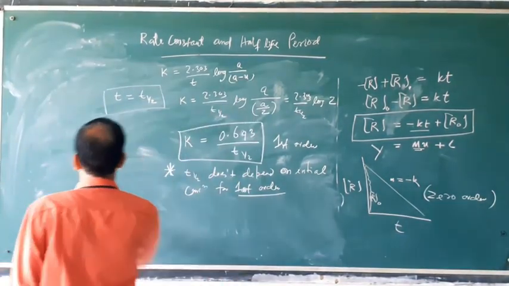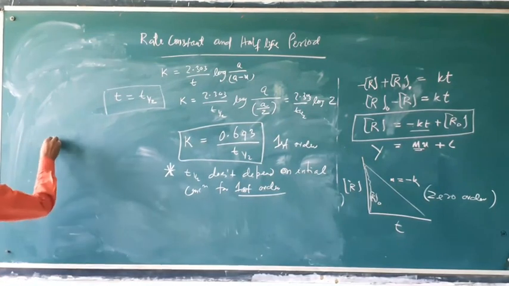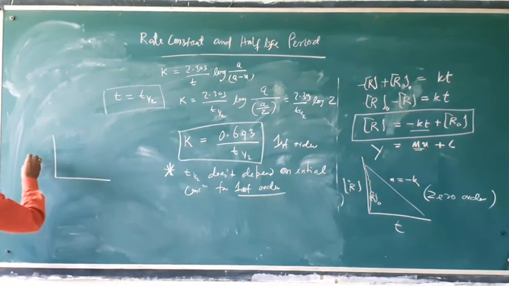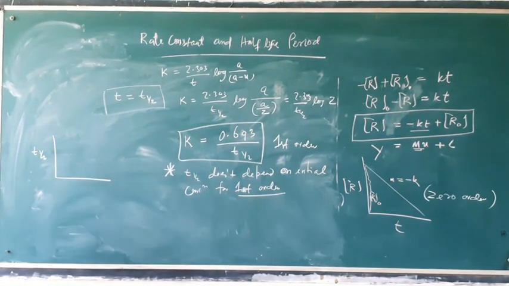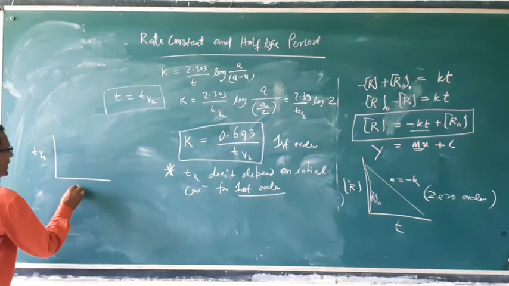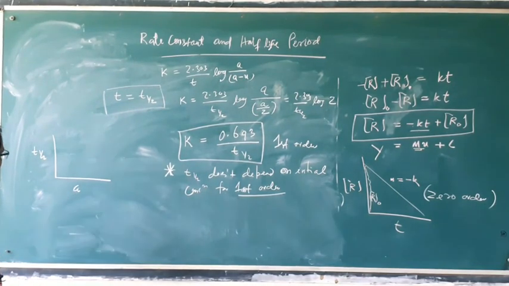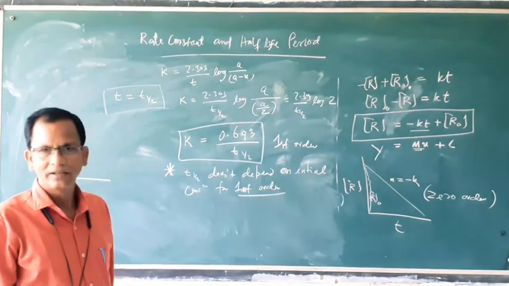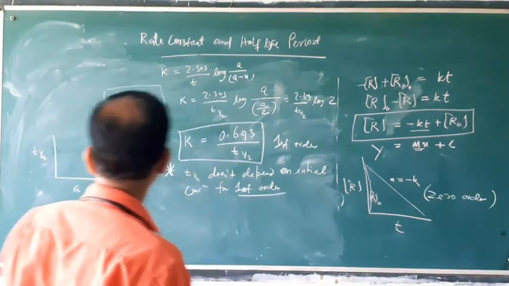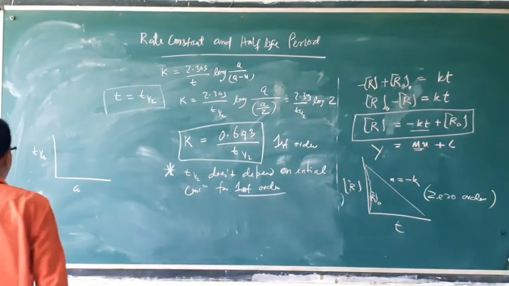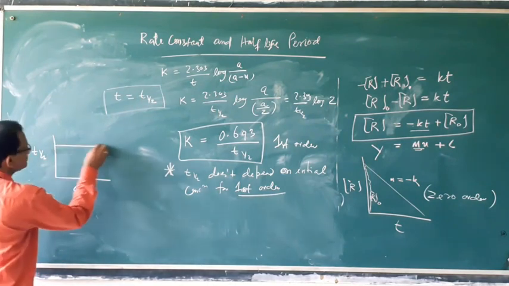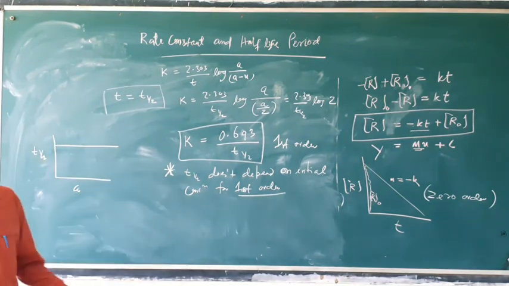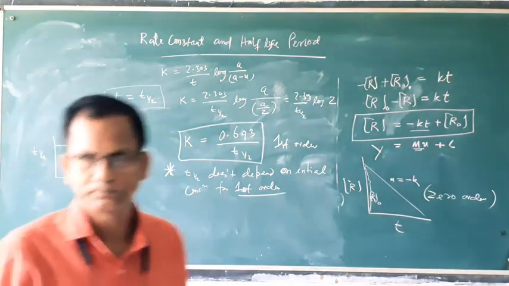If you draw the graph, what is the relation between t half and, suppose, initial concentration a? Then what is the graph? It does not depend. That means t half does not depend upon initial concentration. So t half remains constant. There will be no change in t half.